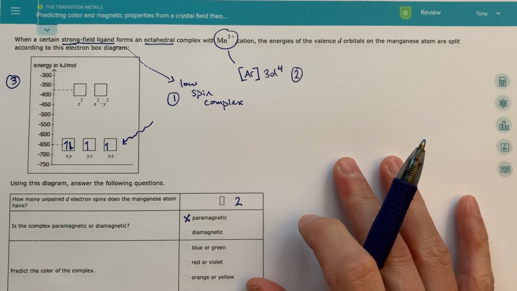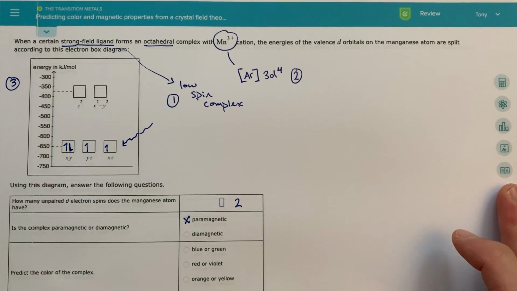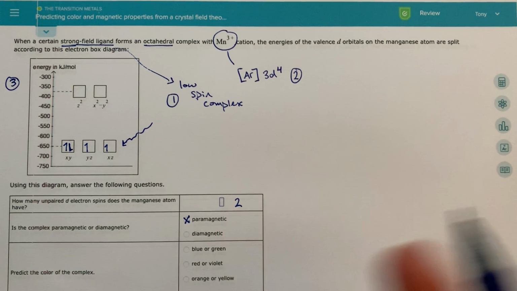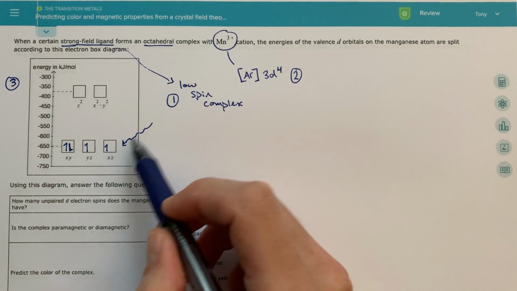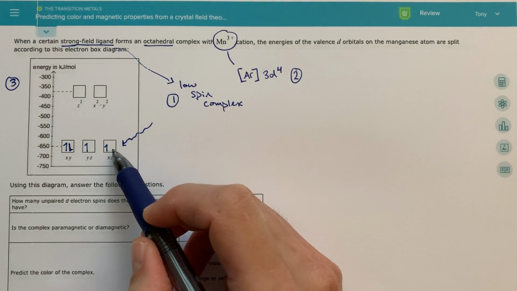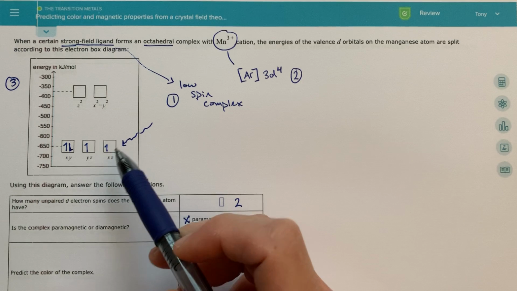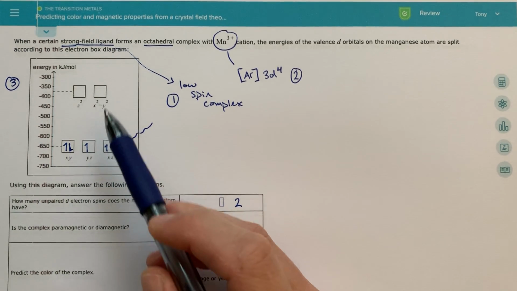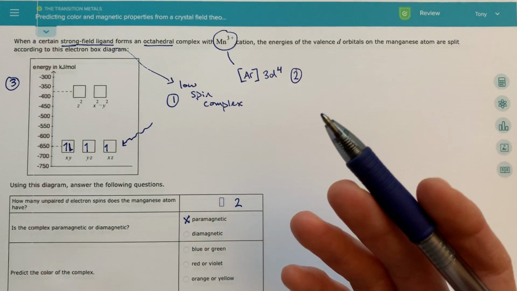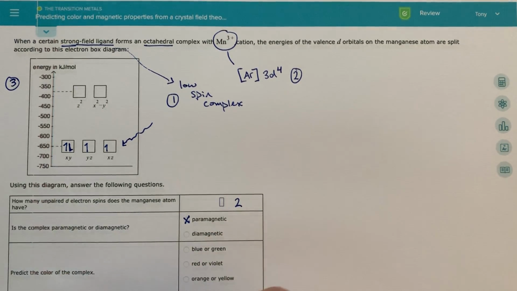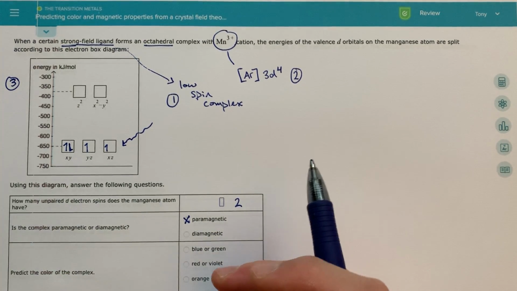If you've studied the electromagnetic spectrum, you've worked with some of these Planck's constant type equations, so this concept will be familiar to you. This is really how complexes are colored, by these movements of electrons between, in this case, d orbitals. In organic molecule cases, it could be a pi orbital system or something like that.